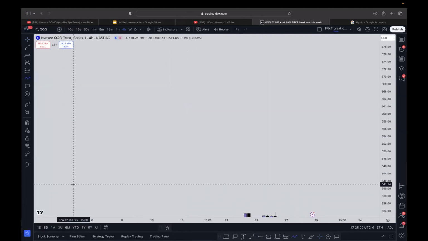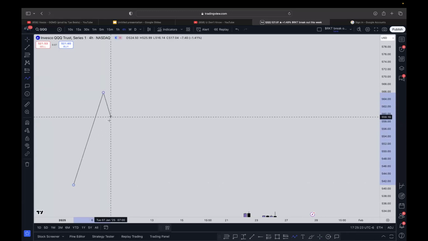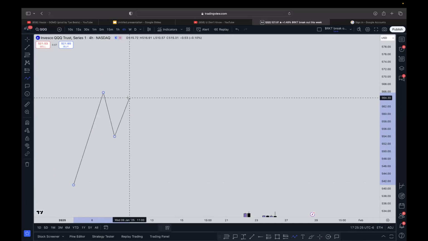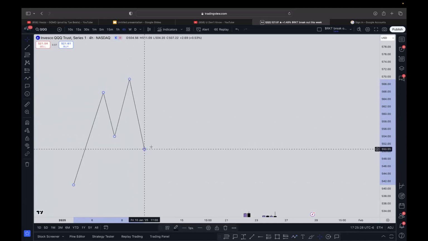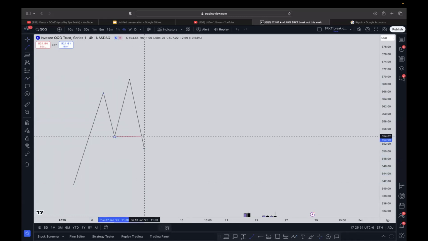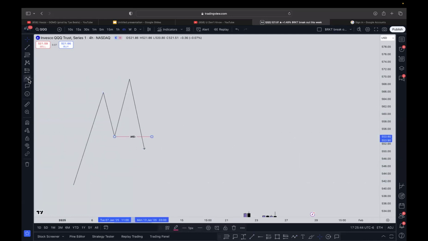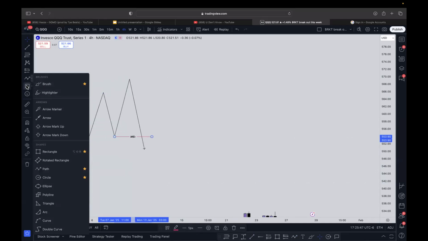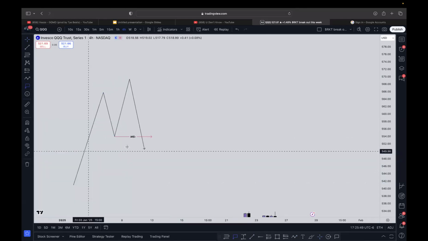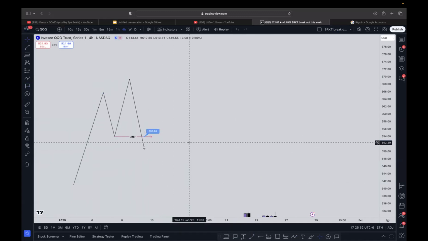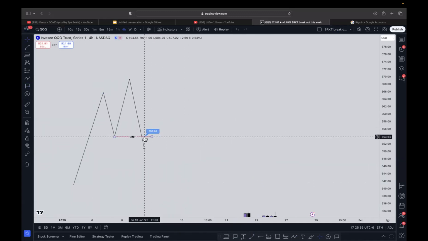So if something on a higher time frame is like this, let's say this is a 4-hour time frame. Let's say at this point here, now on a 4-hour, we're like, okay, we're bearish.